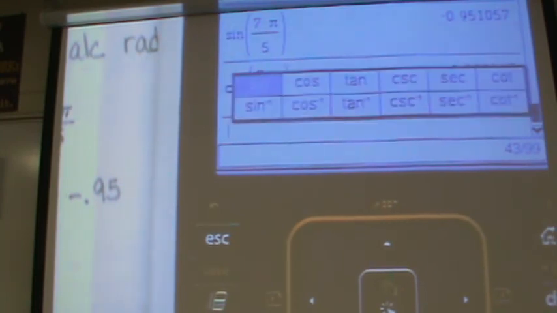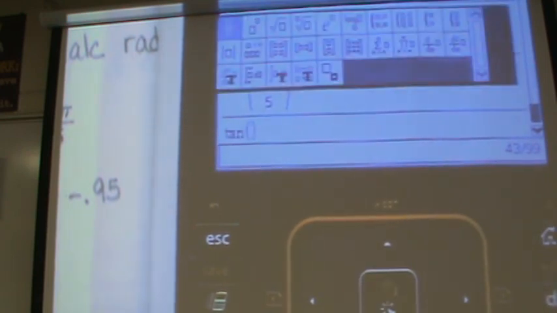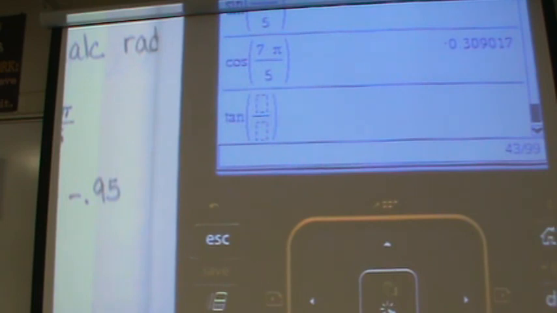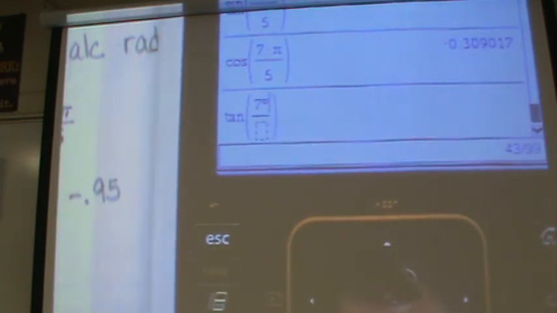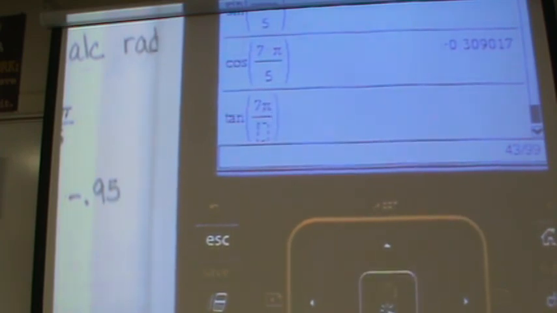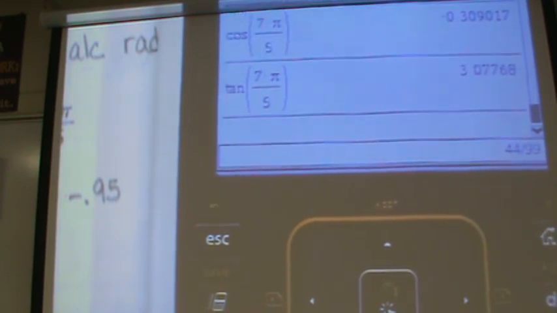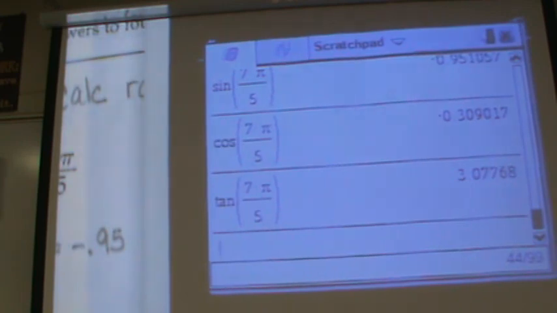Tangent. And there's the first one. Those are your three answers.